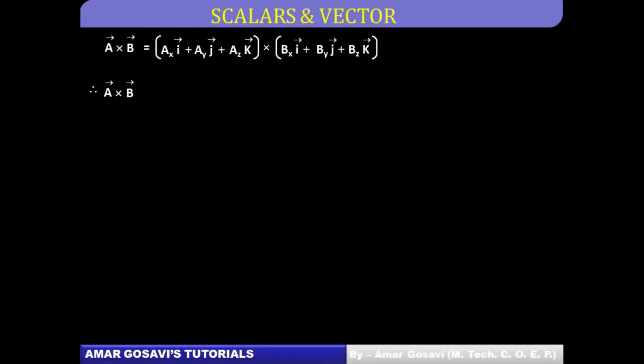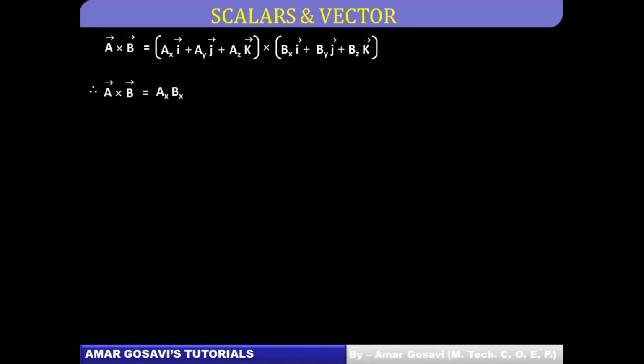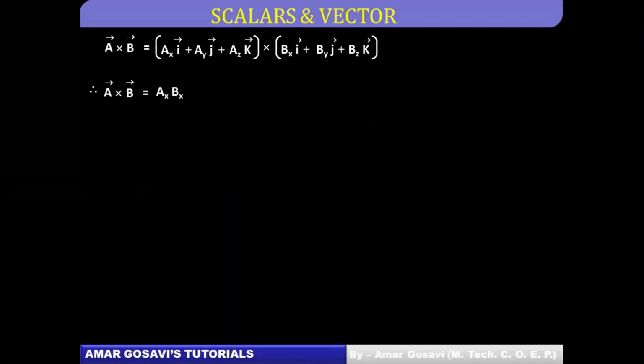So A bar cross B bar, can I write it as the first term as Ax Bx, and what remains in the bracket? i cross i. Okay, you can see the coefficients, friends, over here. Ax Bx, and in bracket i cross i.